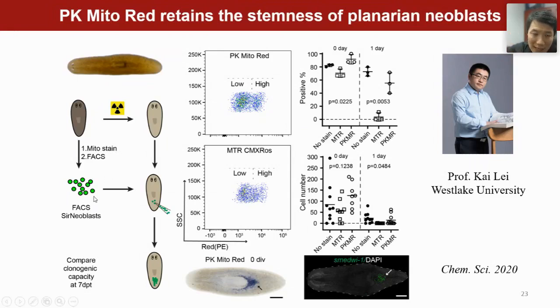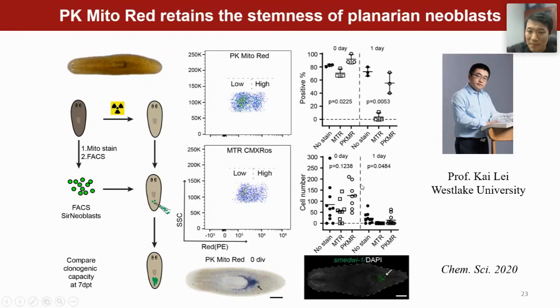So he applied our PK Mito Red to his planarian stem cells, and they did flow cytometry analysis and cell sorting. He found two different kinds of cells. Some of the stem cells have lower mitochondrial signal, some have higher mitochondrial signal. And actually, the lower mitochondrial signal group is the most regenerative one.